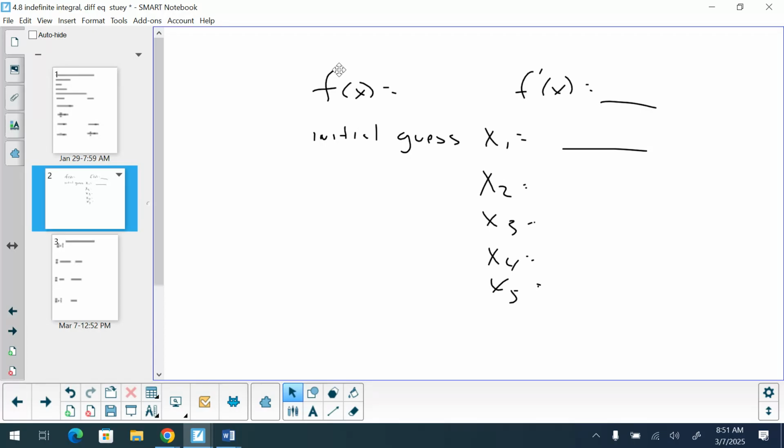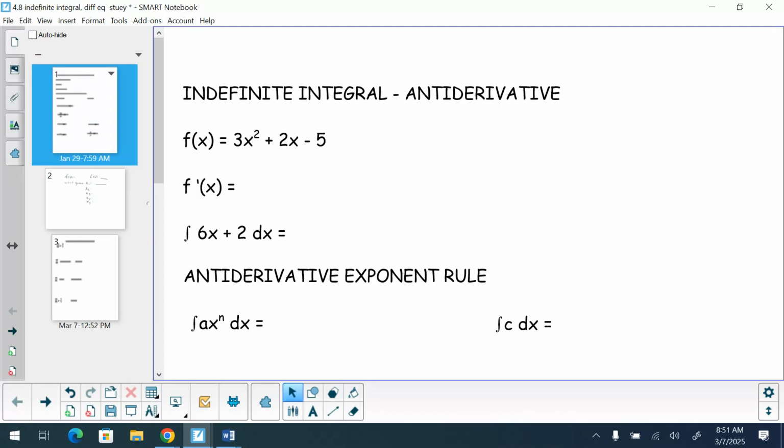Today we're going to go through the last section in this chapter 4, and we start dealing with what is called the indefinite integral, or what is called the antiderivative. In mathematics, as you've been in my class a couple years now, you've heard the spiel, the speeches, and all the ideologies and ideas of mathematics.